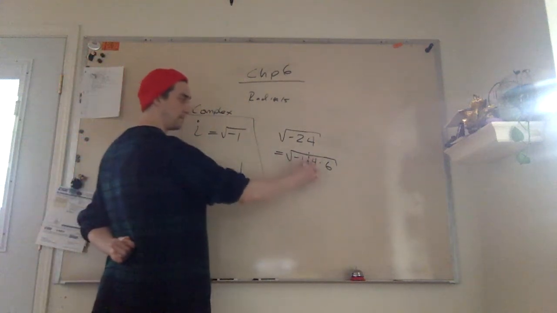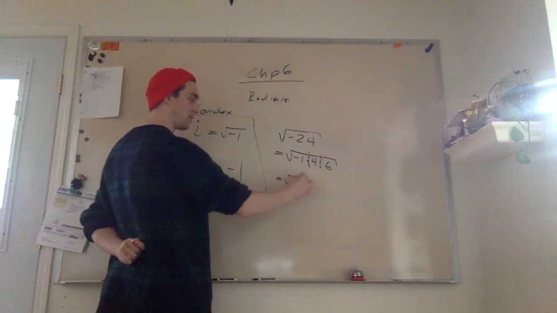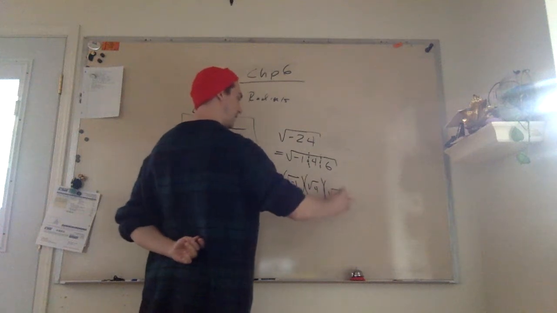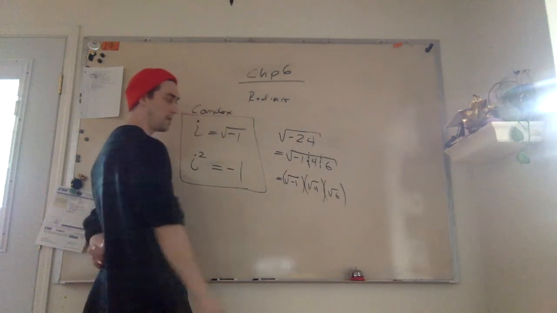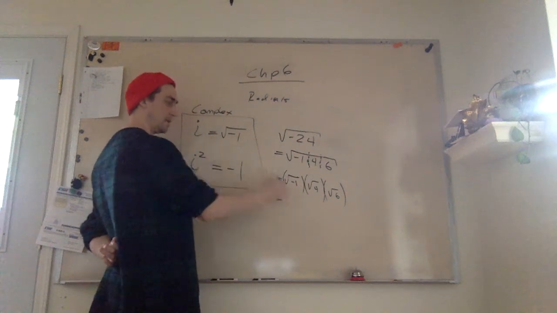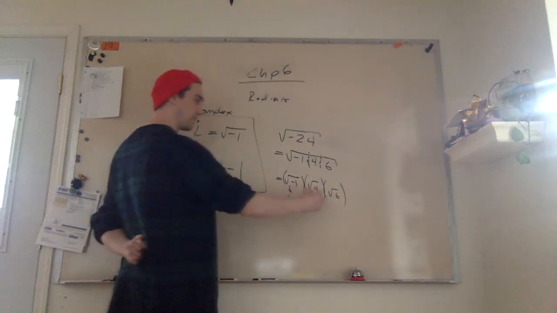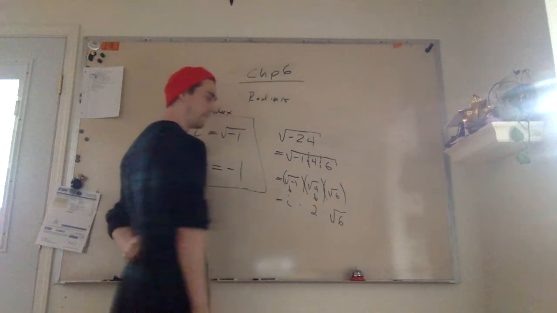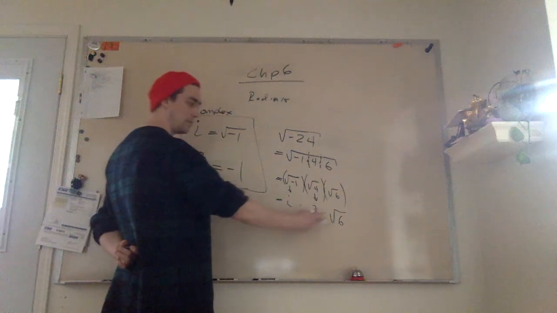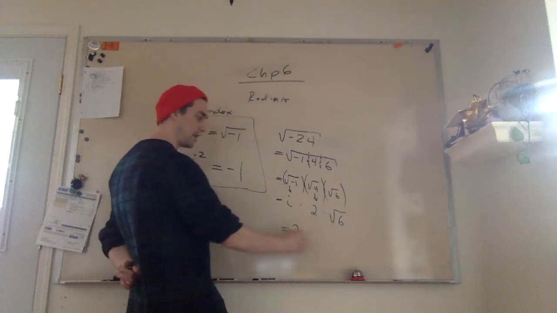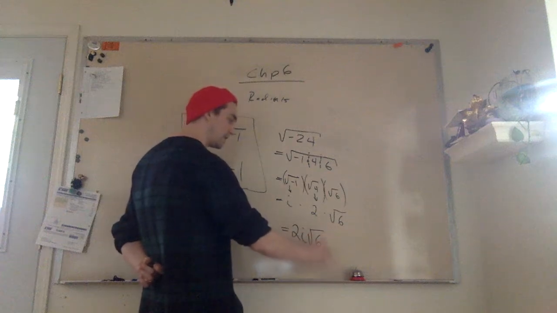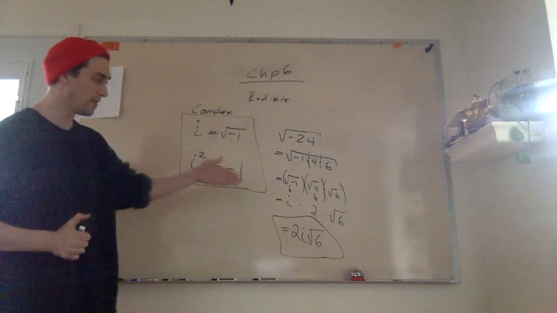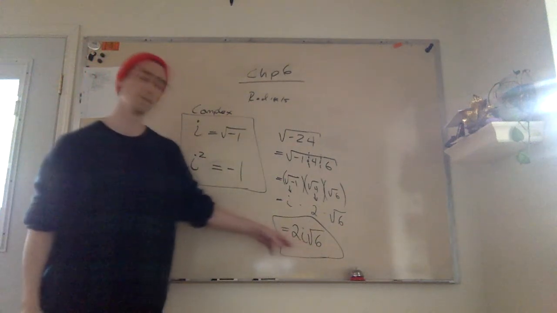You can split this up using the property of radicals: the square root of -1 multiplied by the square root of 4 multiplied by the square root of 6. The square root of -1 is the number I. The square root of 4 is the number 2. And the square root of 6, there's nothing you can do with that, so you leave it alone. I times 2 times root 6 should be written this way: 2I root 6. It's three things being multiplied together, but this is how you're going to see it written out.